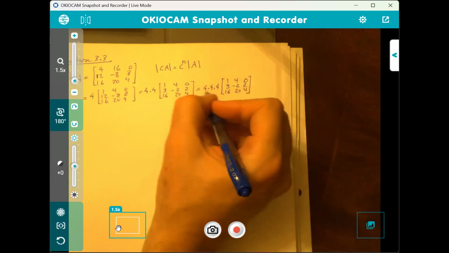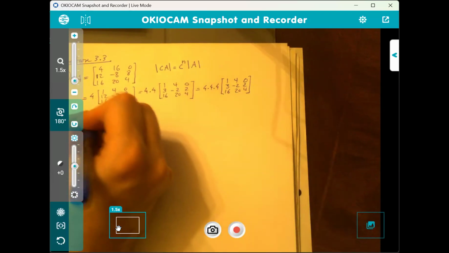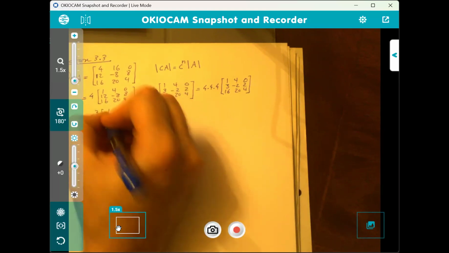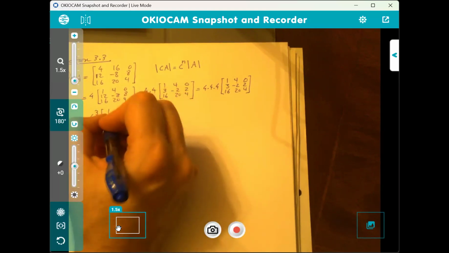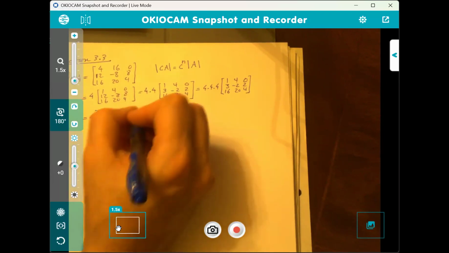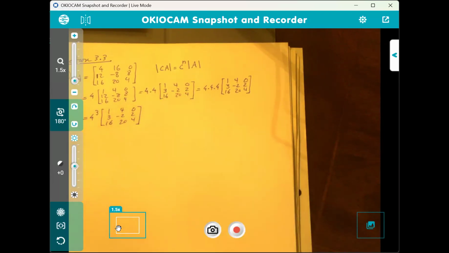So you can see now I have 4 times 4 times 4. So that would be 4 cubed times the matrix 1, 4, 0, 3, negative 2, 2, and 16, 20, and 4. There you go. So that's what that is, right?